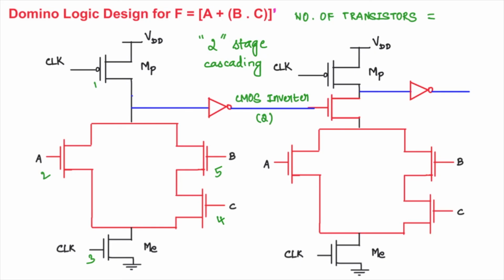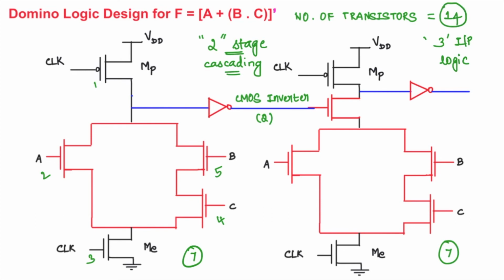Therefore for the first stage we require 7 transistors, and for the subsequent stage again we require 7 transistors. So in total we require 14 transistors for a 3-input logic with a 2-stage cascading problem.